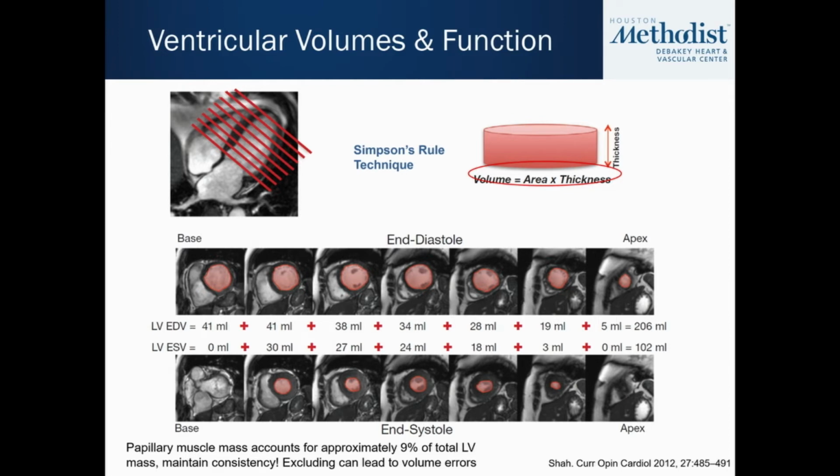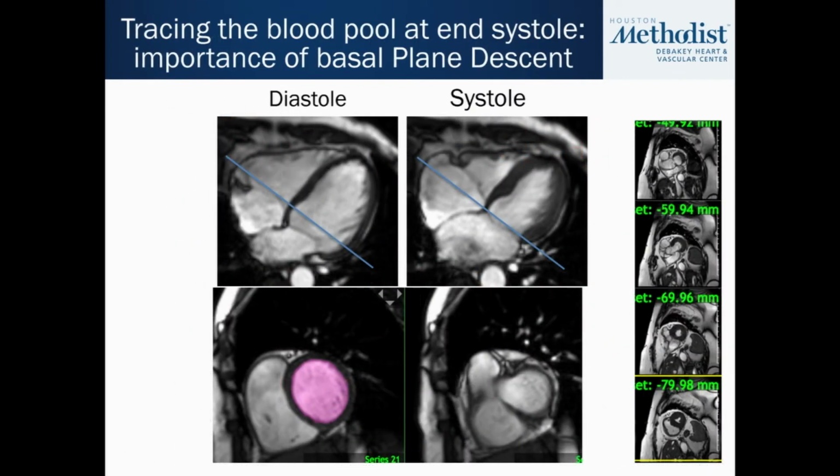And there's been studies that show when you include or exclude the papillary muscles from within the mass calculation, your volumes become very different. And that can have huge implications for folks with valvular heart disease and cardiomyopathies and those who underwent transcatheter interventions. So the end result is that it's ideal to include the papillary muscles within the mass calculation.